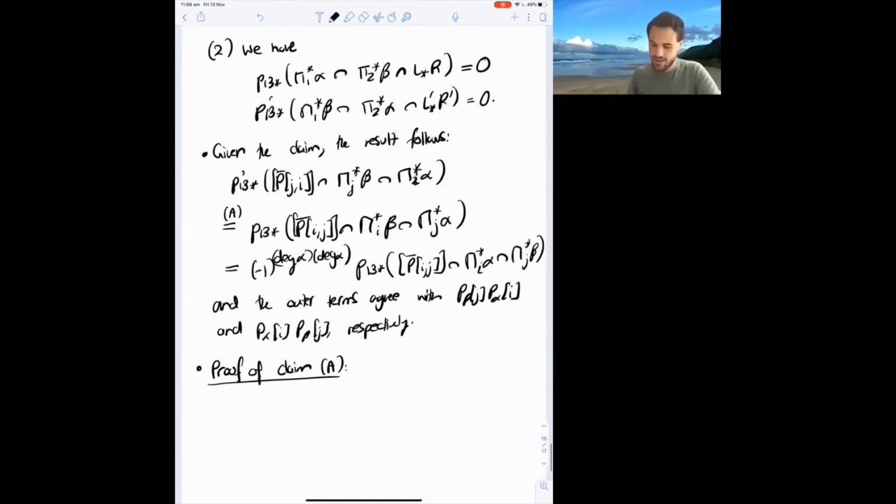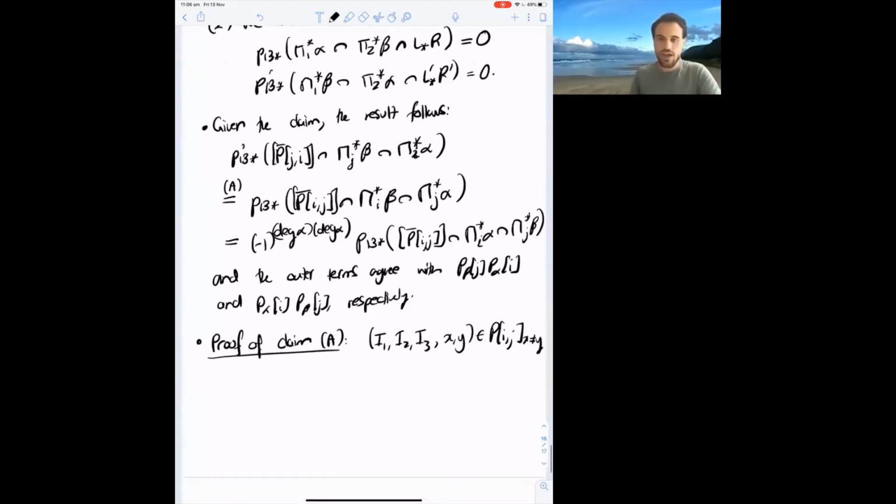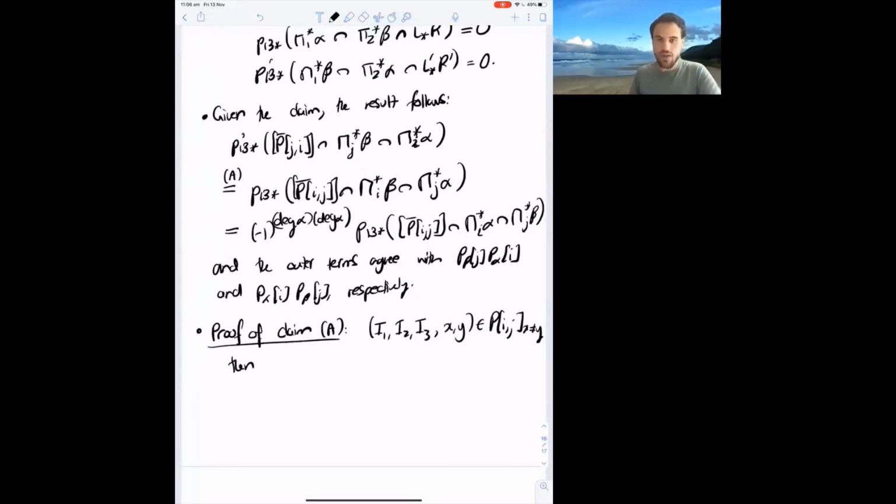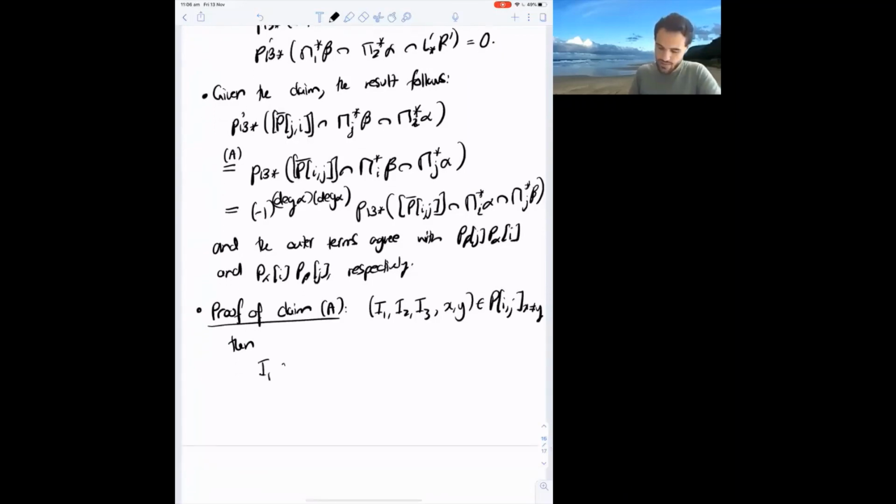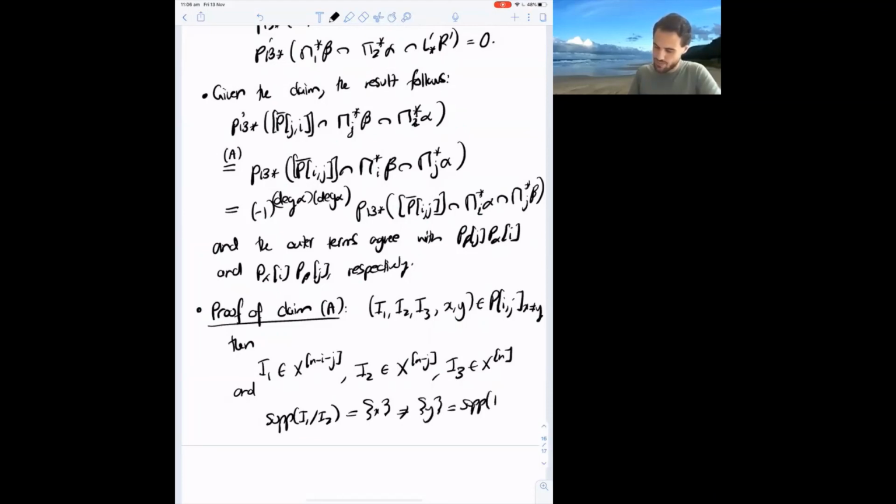It looks like I1, I2, I3, XY is inside of Pij, and X is not equal to Y. Then we have I1 inside of this Hilbert scheme, I2 inside of Xn minus J, I3 inside of Xn, and we saw that the support of I1 mod I2 is our X, different from our Y, which is the support of I2 mod I3.